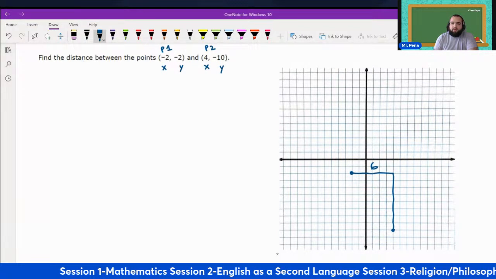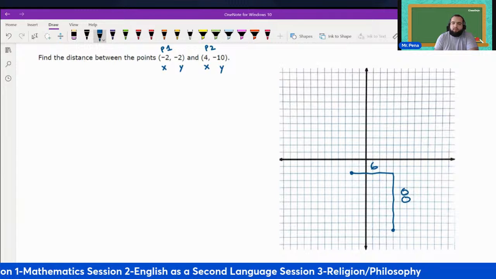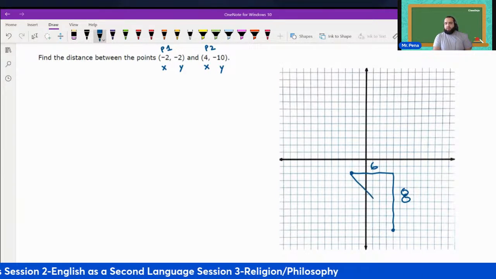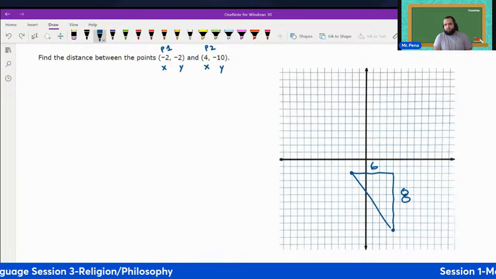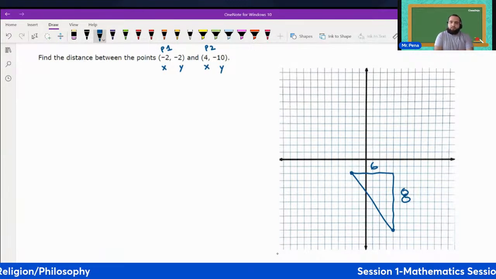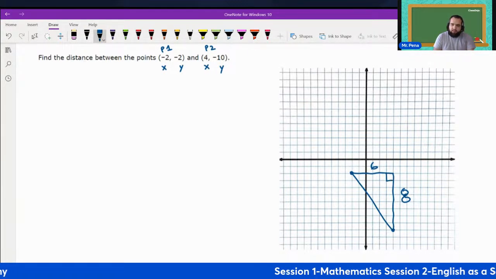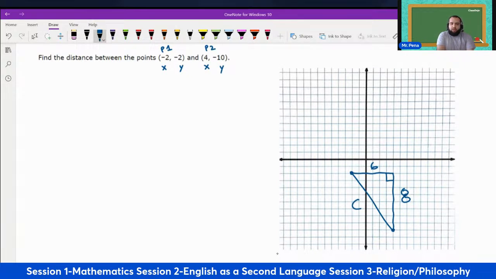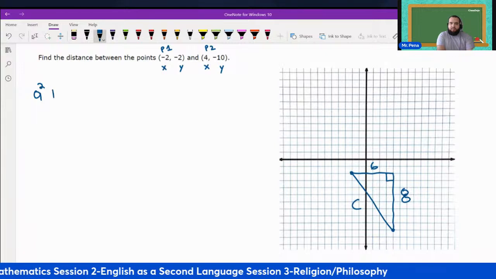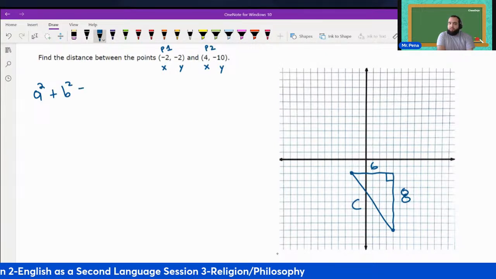So we're going to call this 8. And we're going to draw a line straight through. So now we have a right triangle once again. And we're trying to determine C. So we're going to use the Pythagorean theorem to find the distance between those 2 points.